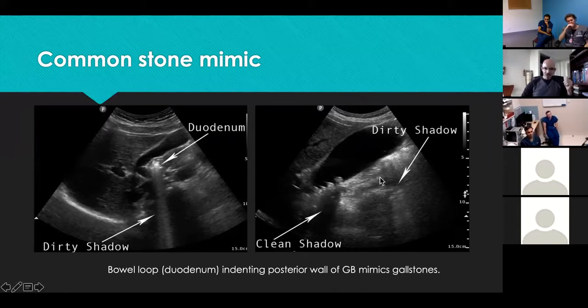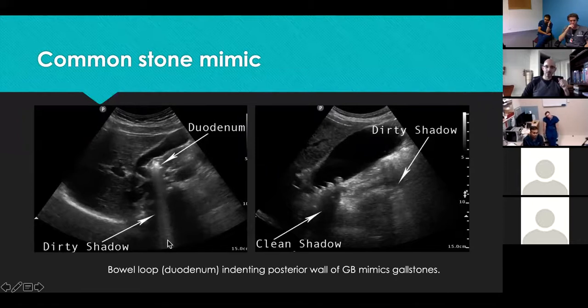With the dirty shadow, there are different mechanisms. If you look, it looks very similar to the B lines in the lung when we have any sort of interstitial fluid. And the mechanism is almost the same. It's a kind of reverberation artifact from that gas area, which is usually different levels of gas very close to each other, which can cause reverberation.